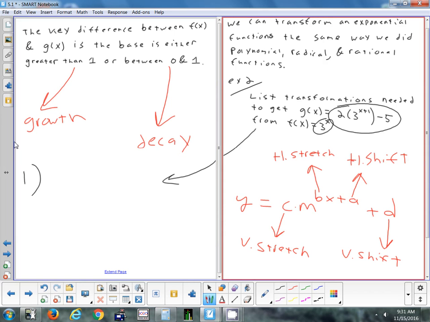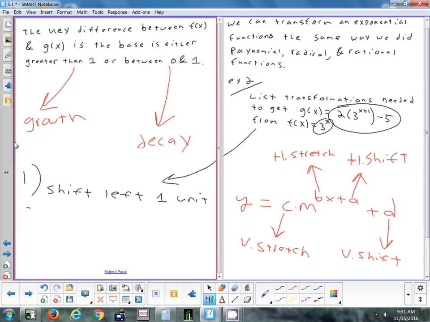What's the first one? It's a horizontal shift, which I can describe when I say left or right. Or you can say horizontal shift left, but that's a little redundant. So we're going to shift left or right. Left. Yep, shift left 1 unit.